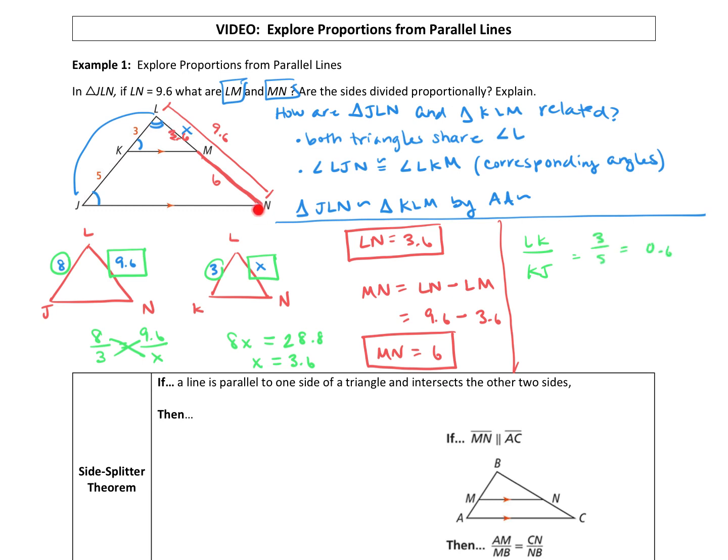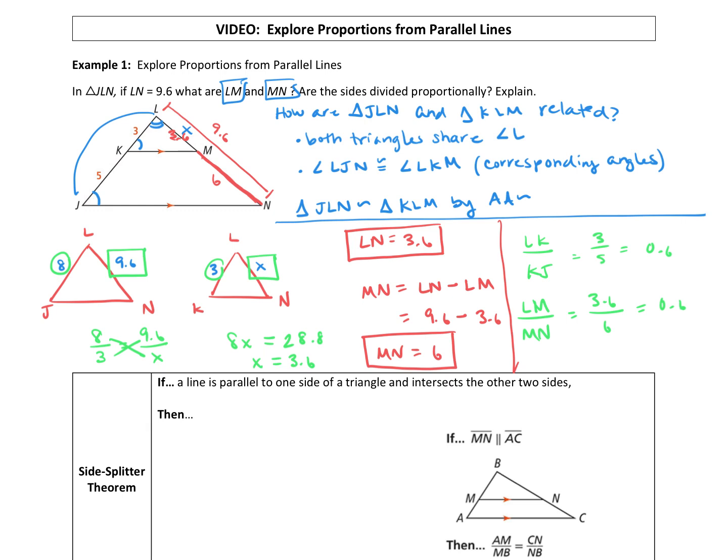Now let's take a look at the other side. If we take LM and put it over MN, LM is 3.6, MN is 6. We just figured out those two sides. When we divide that, we get 0.6.